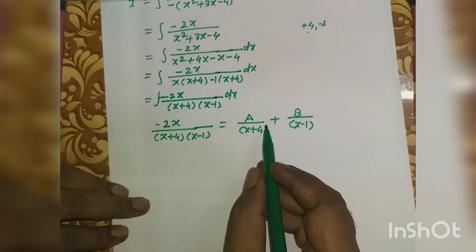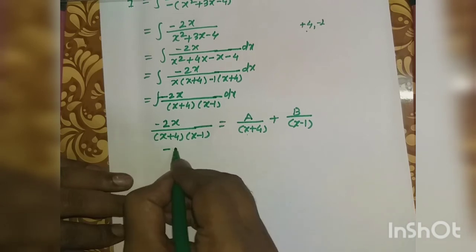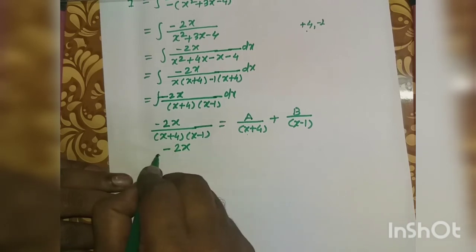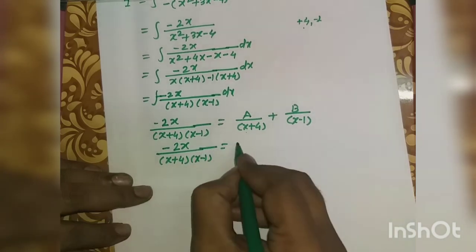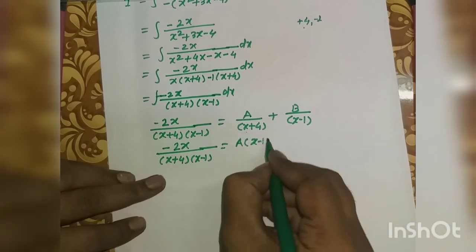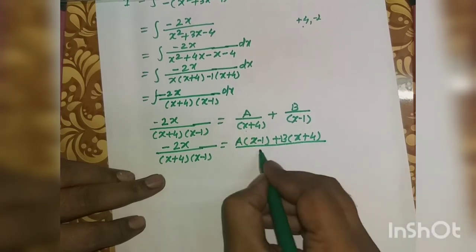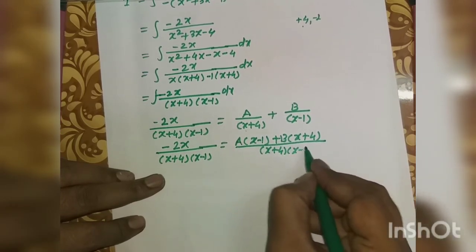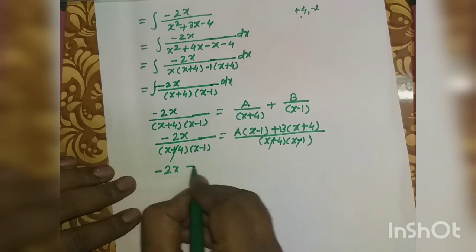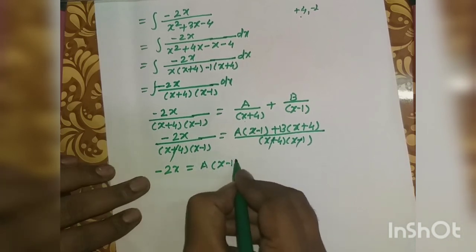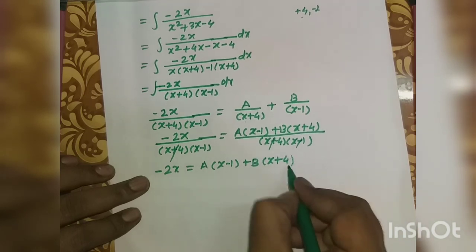This method is called the partial fraction method. Find the values of a and b this way: minus 2x divided by x plus 4, x minus 1 is equal to a bracket x minus 1 plus b bracket x plus 4 divided by x plus 4 and x minus 1. These are cancelled. Only minus 2x is equal to a bracket x minus 1 plus b bracket x plus 4.